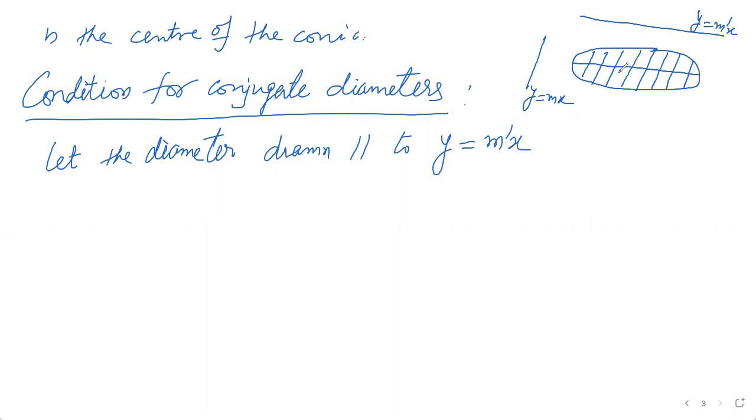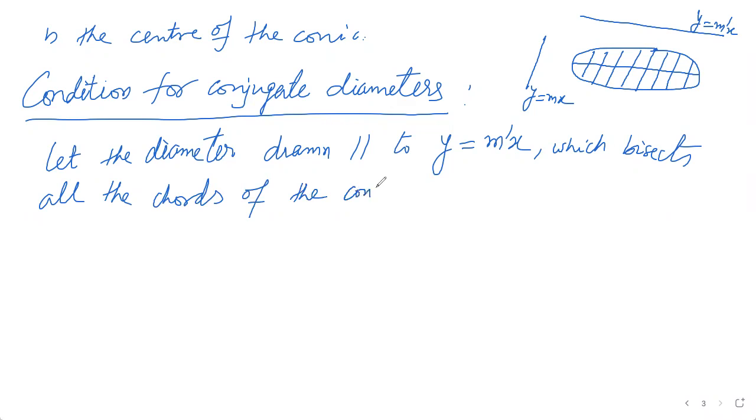So let the diameter drawn parallel to y = m'x, which bisects all the chords of the conic S = 0, है ना, and which are parallel to y = mx. ये हमारा पहली assumption है.